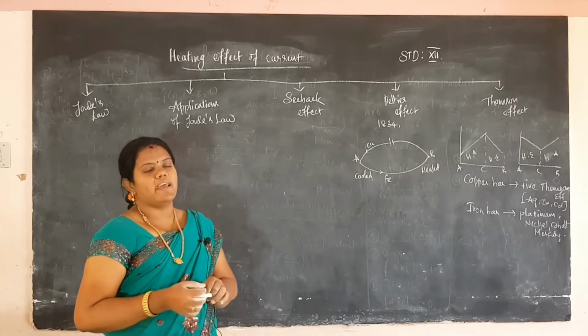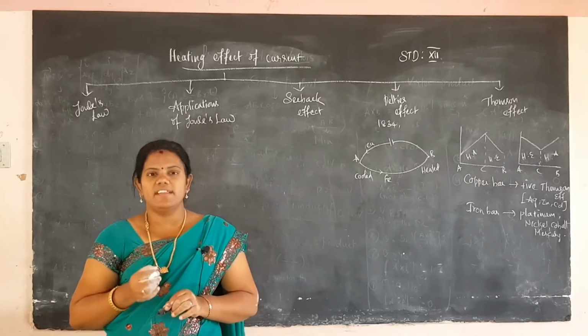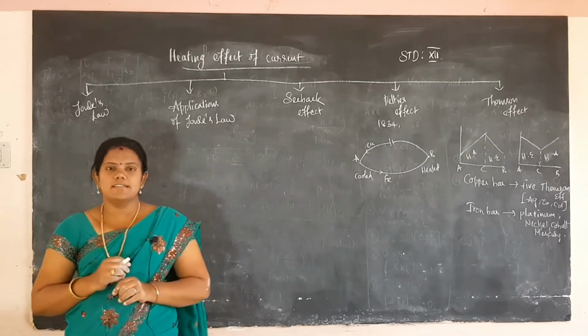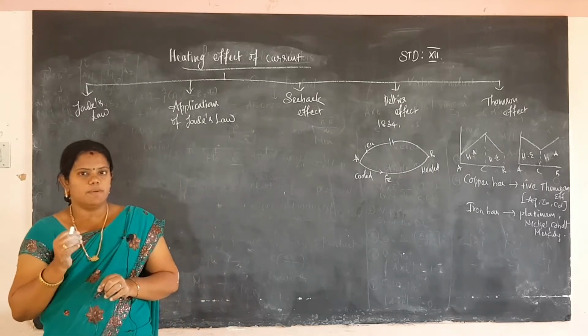What is the meaning of Joule's law? Joule gave a law to explain the heating effect of current. Joule tells us that when a current is applied in a circuit, heat energy is generated.